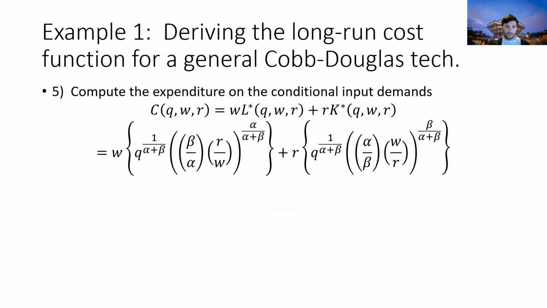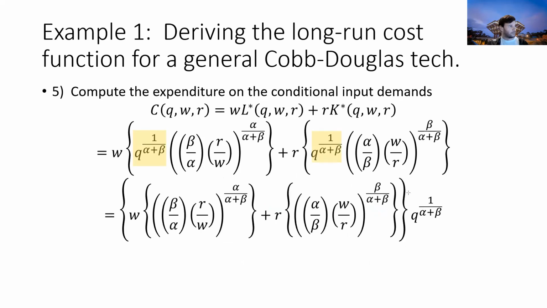And for example, there is a common factor in both terms. You should see that there's a Q to the 1 over alpha plus beta in both expressions. I can factor that out. So here that is factored out. Okay, and then everything that's left in the front.